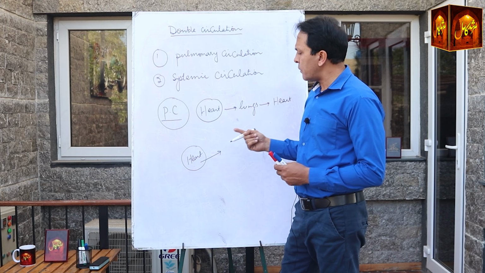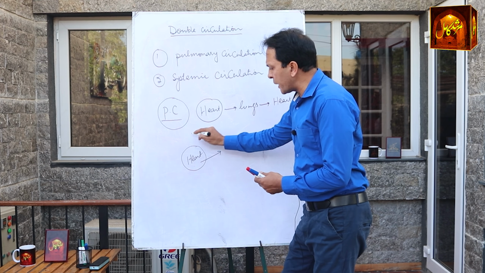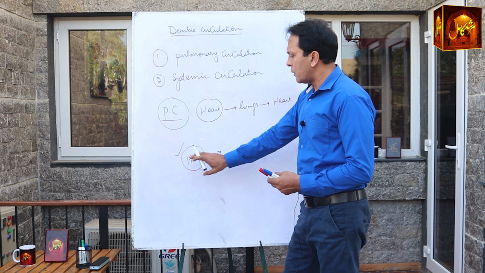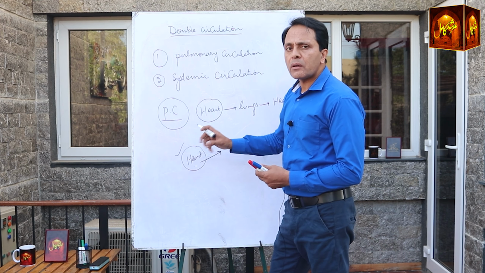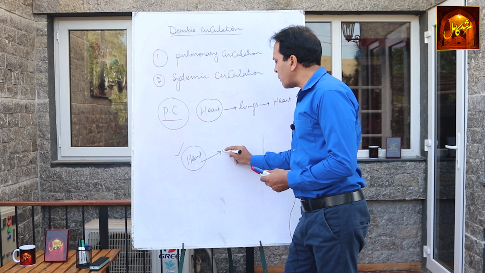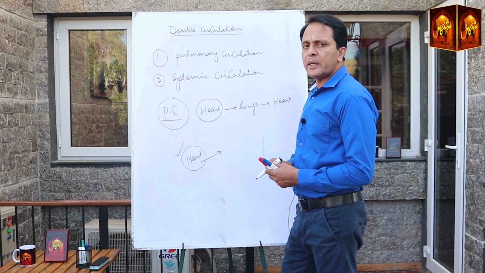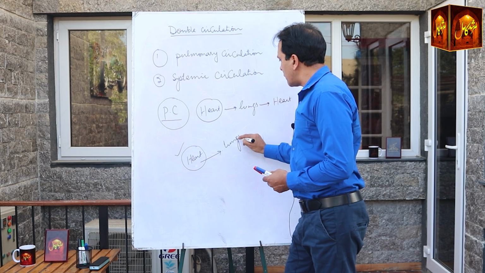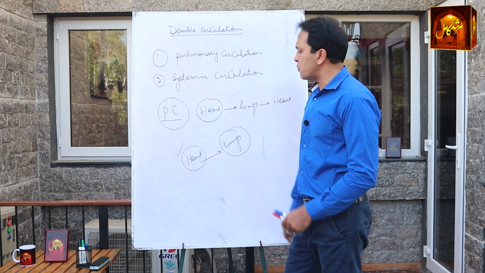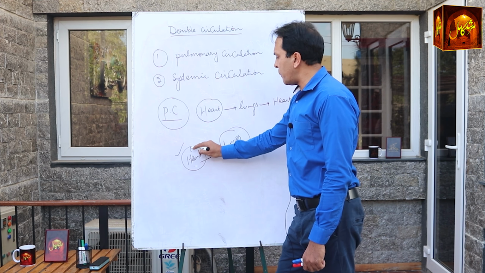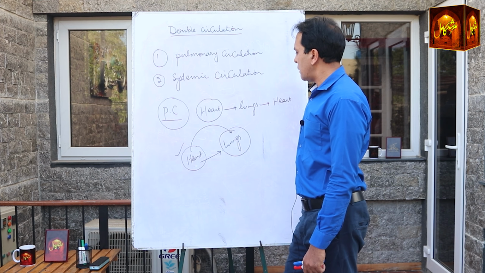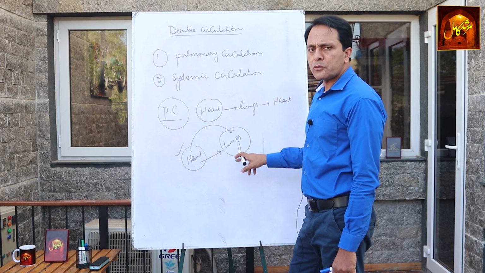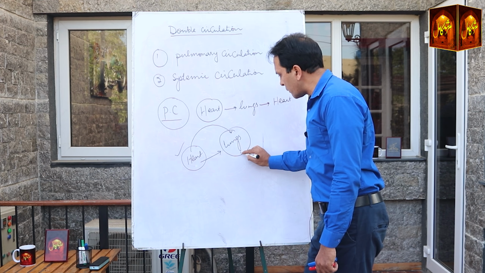When we talk about the right side of your heart, the right ventricle contracts. This right ventricle pumps the blood into lungs. From here, blood will enter into your lungs for its purification.